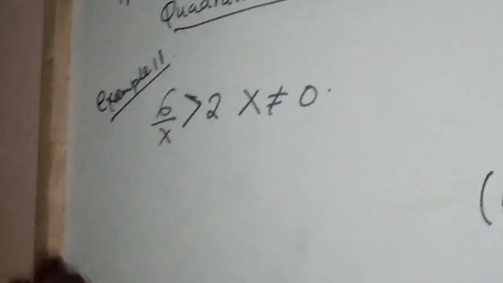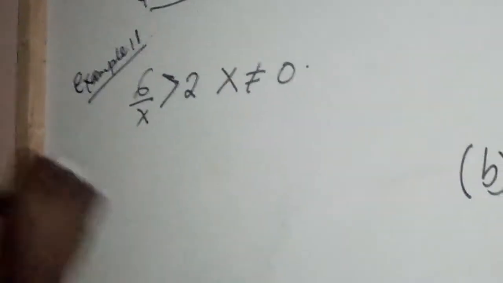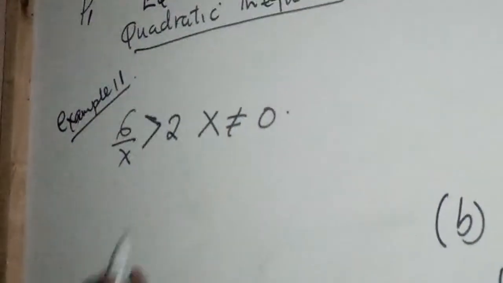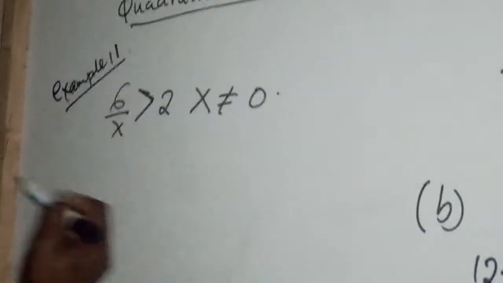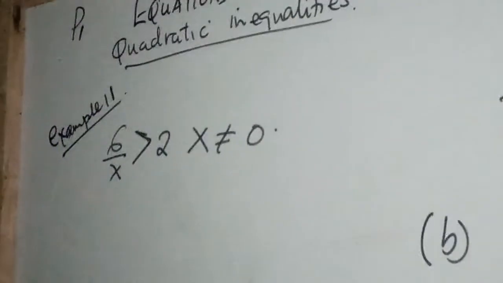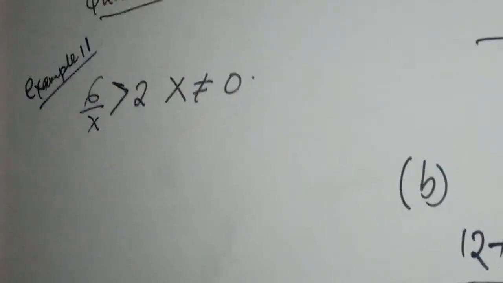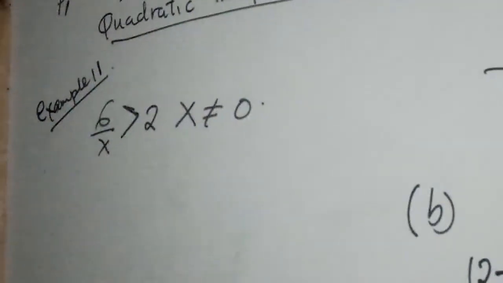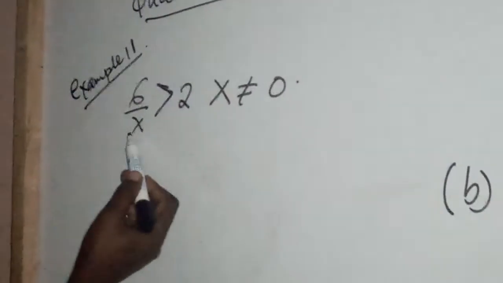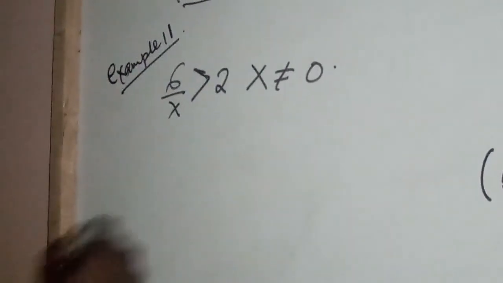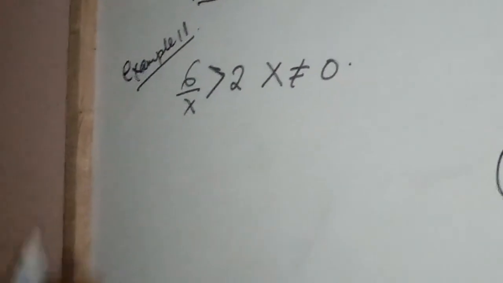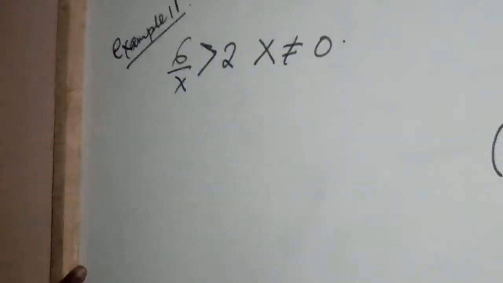Because if x is negative and we did not know it's negative, then we are supposed to reverse this inequality. So what do we do? Of course, we need to multiply both by a number which we are very sure is positive, and that number is simply x squared. Whatever the original x was, we are very much assured that x squared is positive.